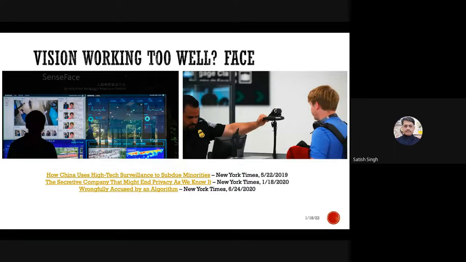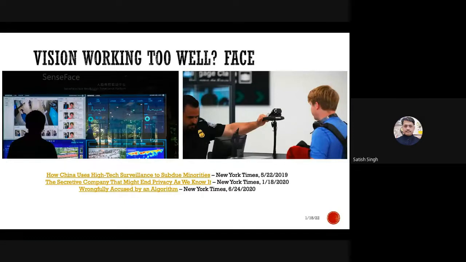Suppose a person was convicted on some wrongful allegations. That information can also be used for taking decisions in future, although the person was not involved and was wrongfully convicted.